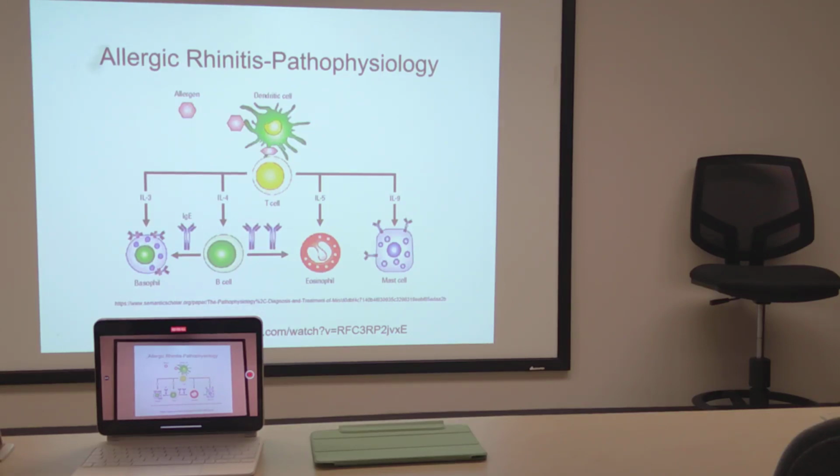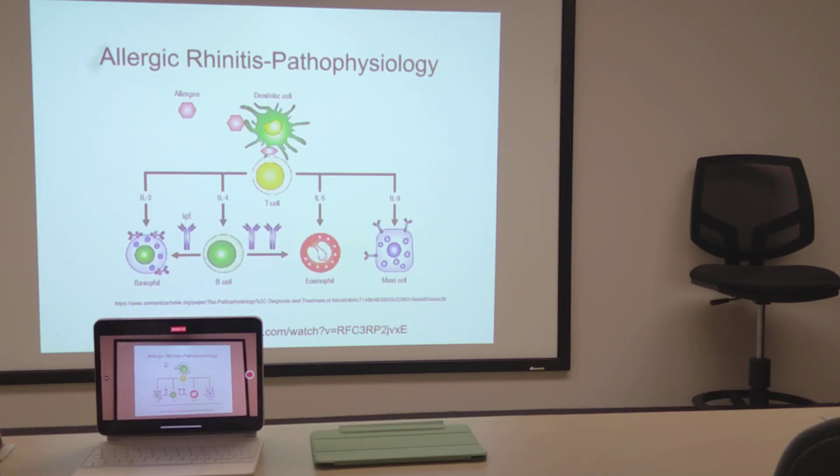So we have allergen, and then we have dendritic cell, and this will further activate T cell, right? And then T cell will secrete tons of cytokines and chemokines, like interleukin 3, IL-4, IL-5, and each of them will then activate a bunch of cells, including B cells.